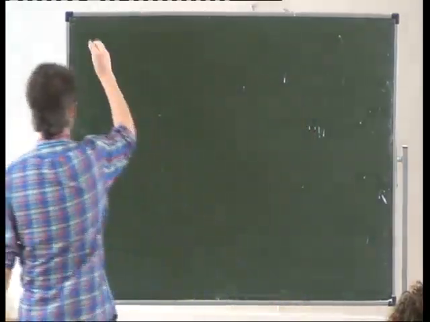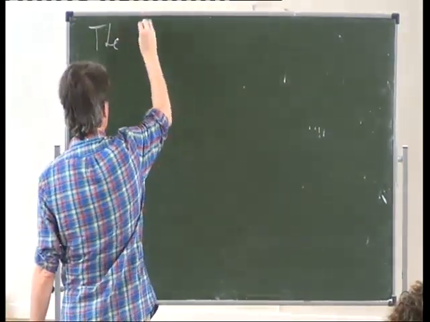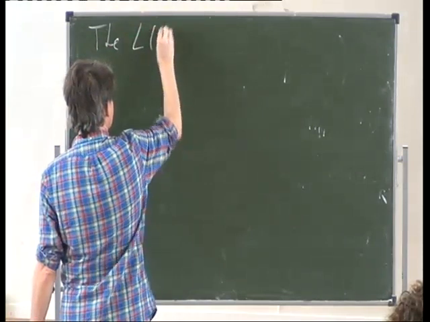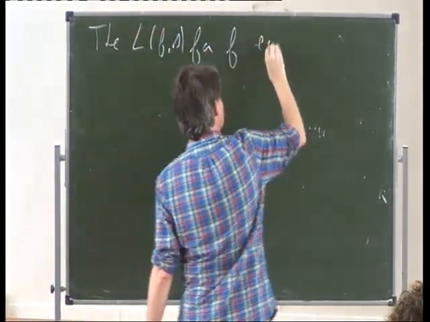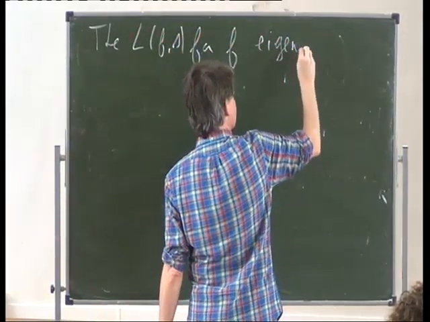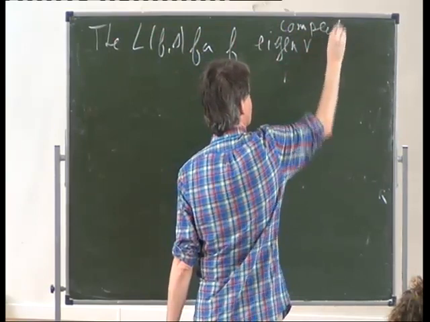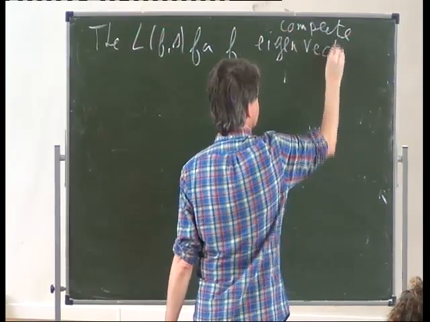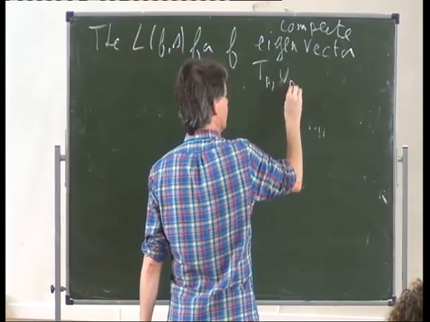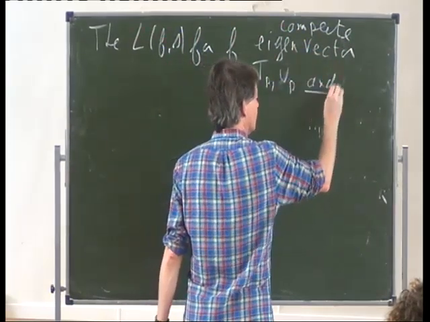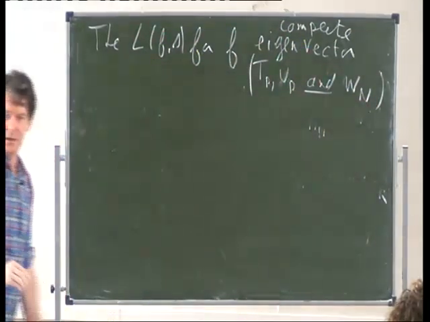So the L function, for f, which is an eigenvector, let me define this as a complete eigenvector. I mean for T_p, U_p, and W_N.